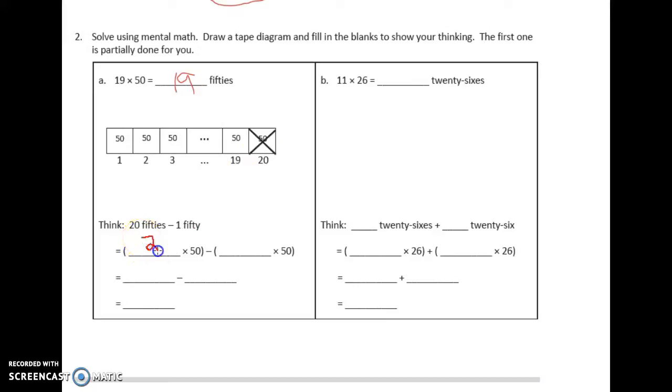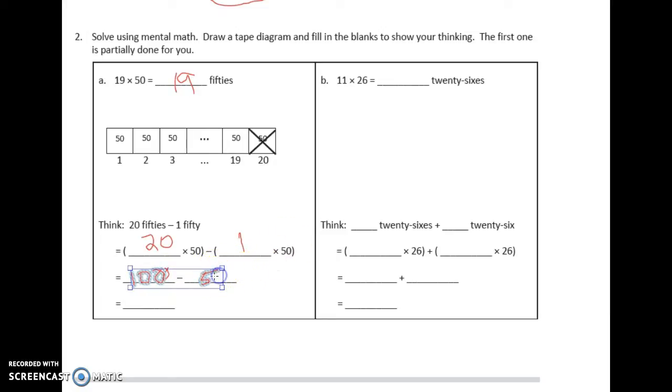So if we have 20 50s and we're taking away 1 50, we know 2 times 5 is 10, and then we're going to put another 0 on the end. But we're going to take away 50 from that. Hang on a second. 20 times 50, we're missing a 0, aren't we? So, and then we take away 50.